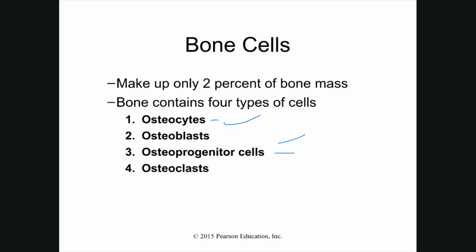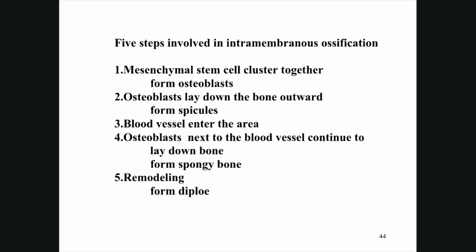Okay, now that I showed you here: intramembranous, mesenchymal stem cell recruited, mesenchymal cell become osteoblast to lay down and form the bones, that forms this key word here, spicule, that's surrounding the blood vessel, and then they produce more to become spongy bone, and then you get the remodeling.